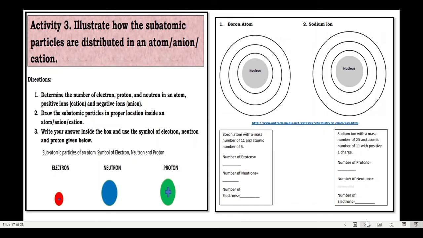And then, proton, color green, positive charge. So, ipe-place nyo lang siya dun kay boron and sodium. So, you can use the periodic table again para malaman nyo kung ilan ang kanyang atomic number. Okay, so and then also follow the formula in order for you to get how many protons, neutrons, and number of electrons. So, ayun.